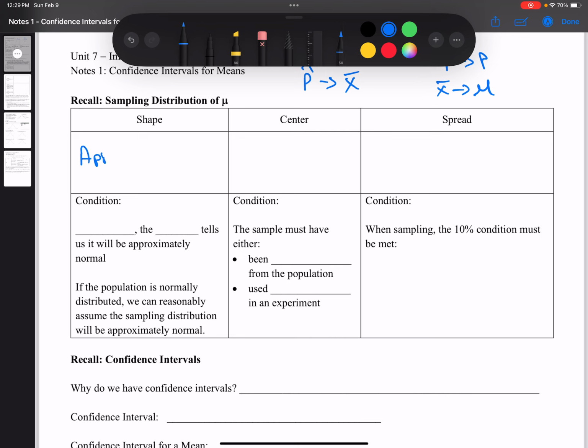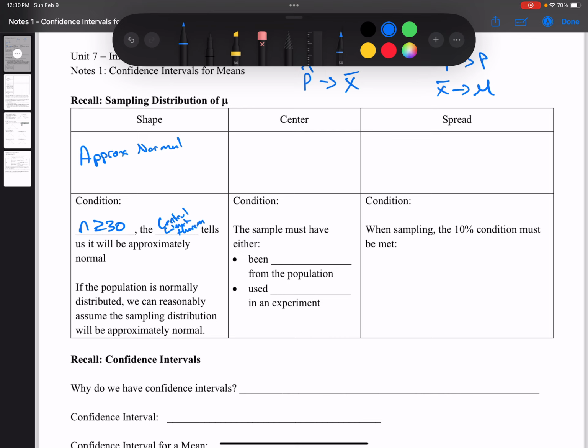We have to check for approximately normal shape. And this one is the one that's going to be a little bit different, okay? Because we have the central limit theorem to work with, and so that does change things up. So remember, when n is greater than 30, we don't have to do any extra checks. The central limit theorem tells us that our sample is going to be approximately normal, okay?